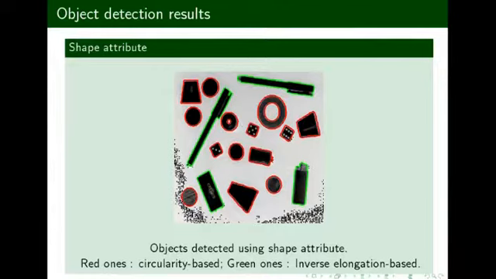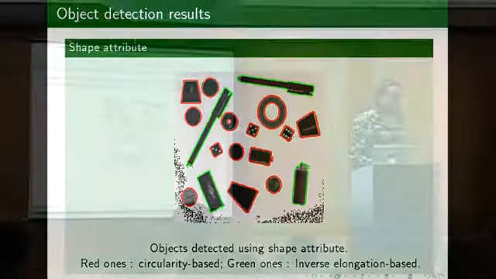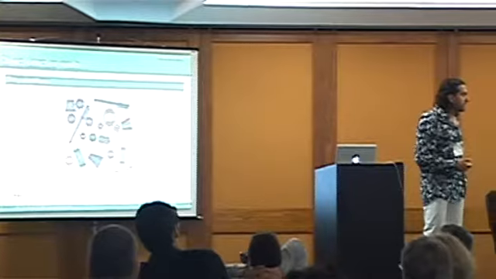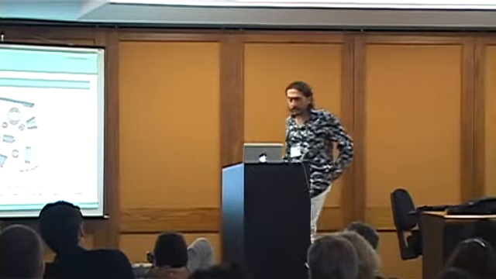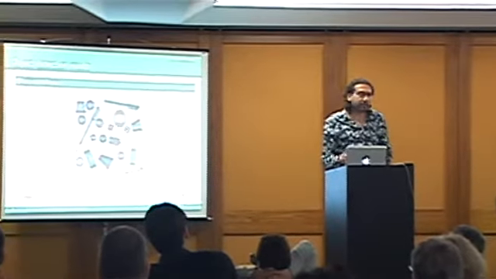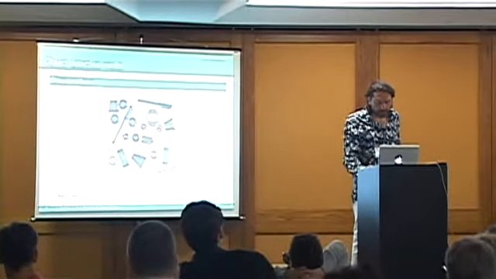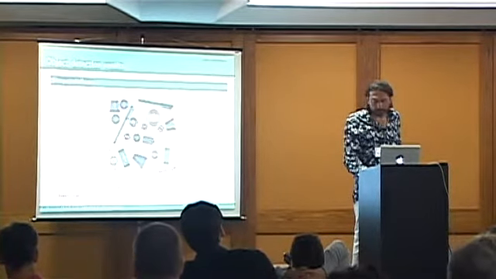You can do object detection also, simply using the roundness attribute. In red, this is based on circularity. In green, it's based on the inverse of the elongation attribute. But you locate your objects and you can classify them using this kind of filter.